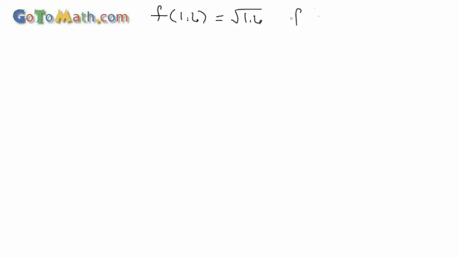So what's going on here is we have f of x equal to the square root of x, and we're just plugging 1.6 in, but we want to know what this value is without having to use a calculator. That's what we're trying to do.